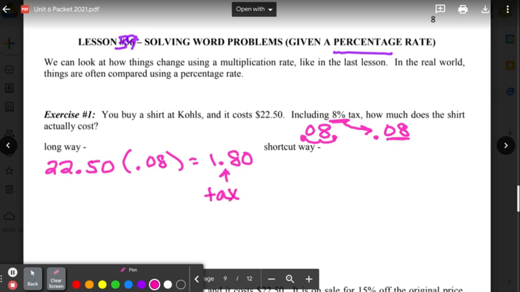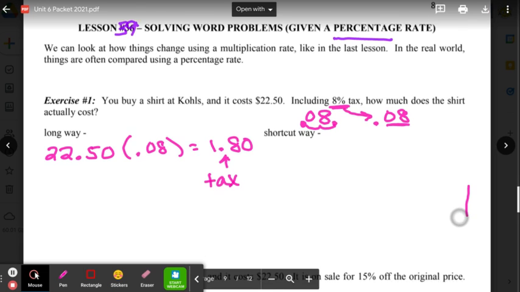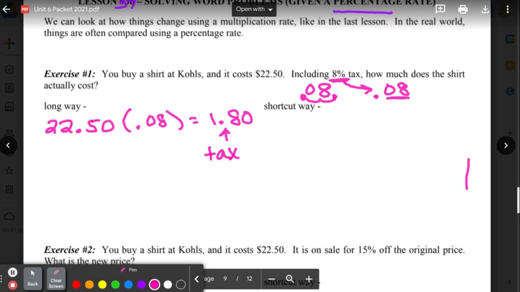But that's not what you pay. You don't go to the register and pay $1.80. You pay your $22.50 plus your tax, $1.80. And your total is $24.30.